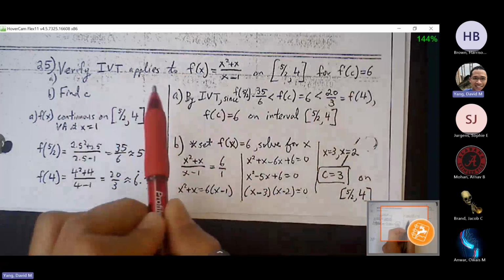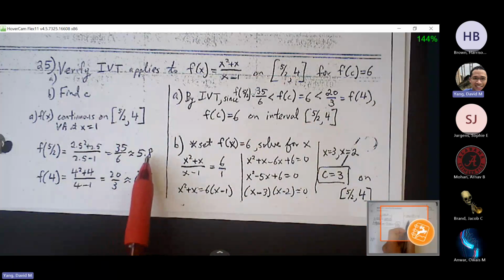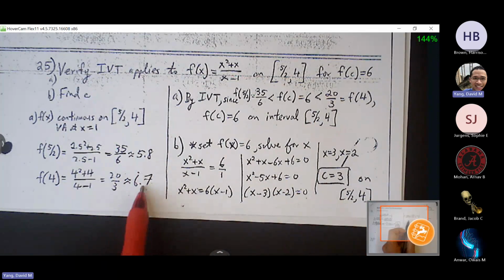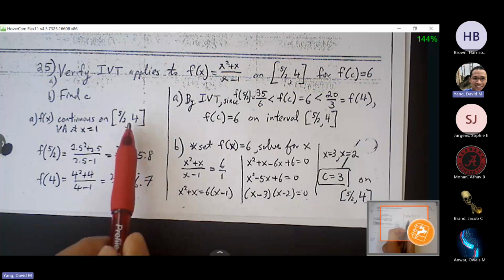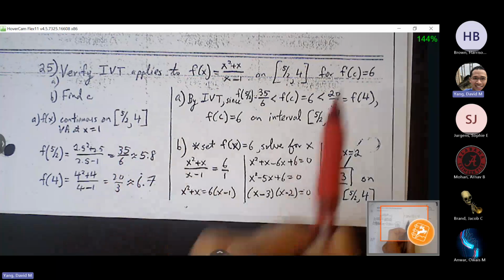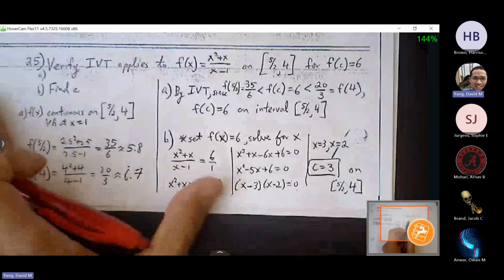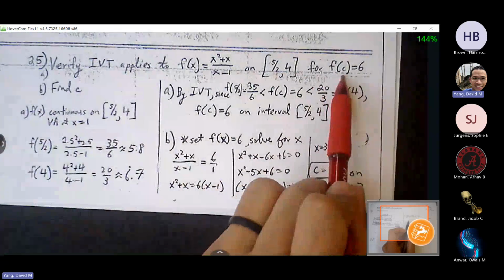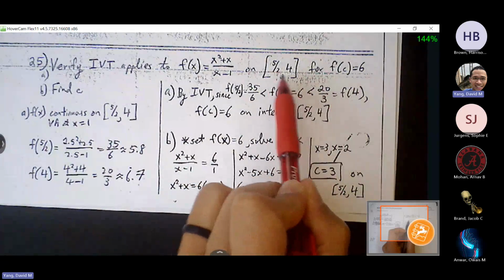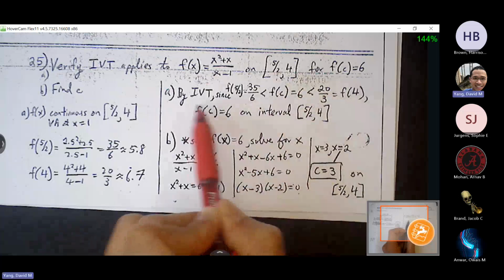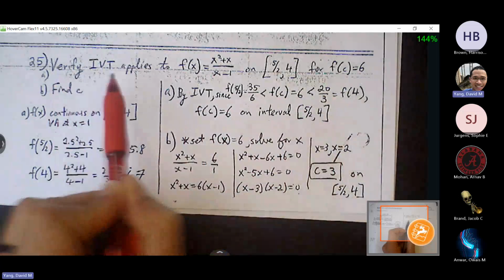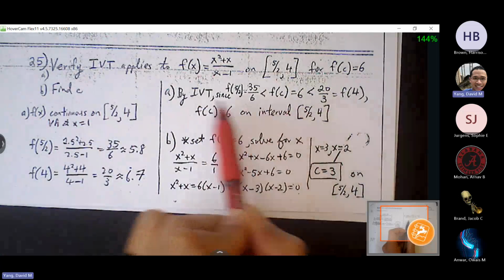I know my graph is connected. I just need a y value below my target and above my target. If I can see continuity above and below, then I know IVT is going to pass. I know for sure I'm going to have a guaranteed y value of 6 somewhere on the graph between 2.5 and 4. So it says verify that IVT applies. Here's the way that we can write it.